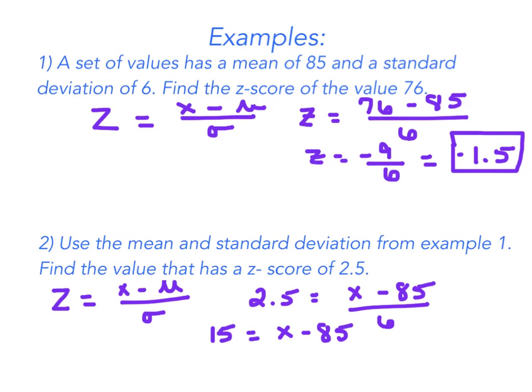And then, of course, to find x, we have to add 85 to 15, which is 100. So the value that is 2.5 standard deviations above the mean is 100.